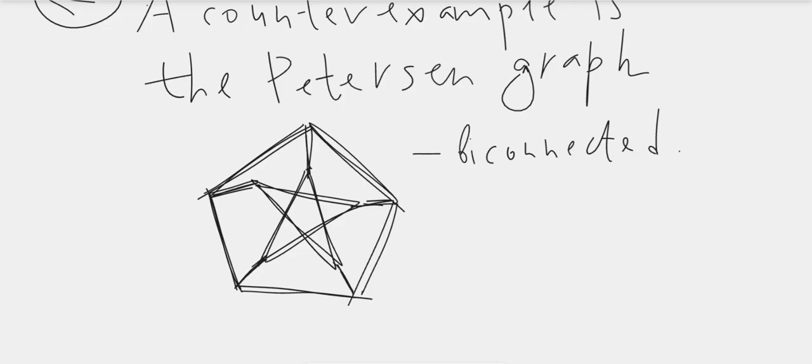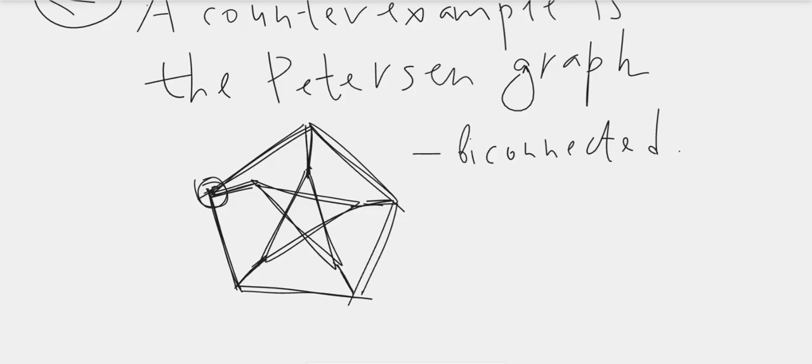We notice that the graph is symmetrical, so up to rotation we need to consider only two vertices. First, if we remove any vertex on the external pentagon, without loss of generality, let's say that we remove this vertex. Then we directly observe that the remaining graph is still connected.